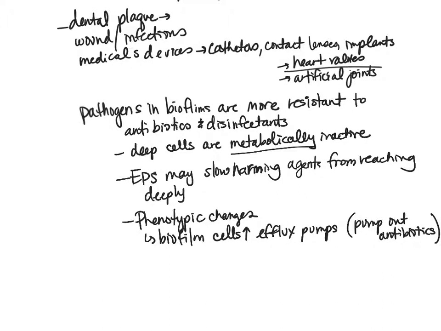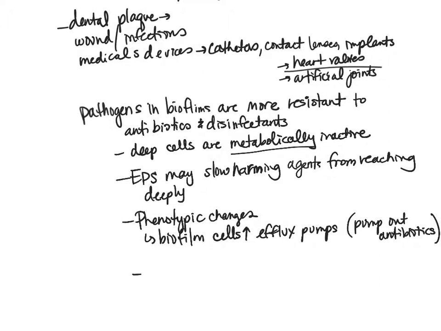Also, this is an ideal environment for horizontal exchange of nucleic acids, meaning that we can move extrachromosomal DNA from one bacteria to another bacteria, one organism to another organism. And oftentimes what we find on these extrachromosomal DNA pieces called plasmids is antibiotic resistance.